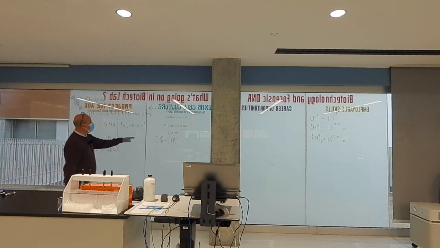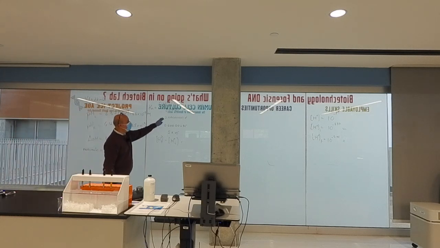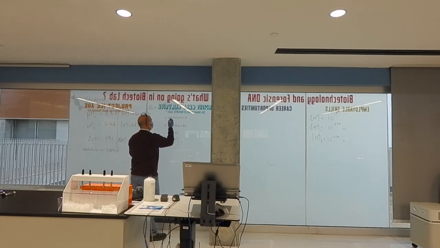Again, this was my poor attempt at transforming this into decimals. I don't know if I did it right. Let me put my mind to it. 1, 2, 3, 4, 5, 6, 7, 8, 9. Yeah, that is correct. And 1, 2, 3, 4, 5, 6, 7. That is correct.